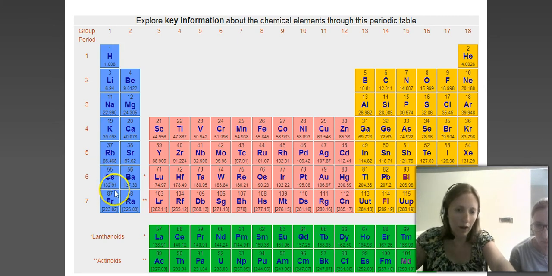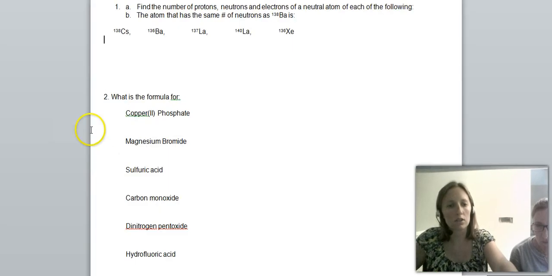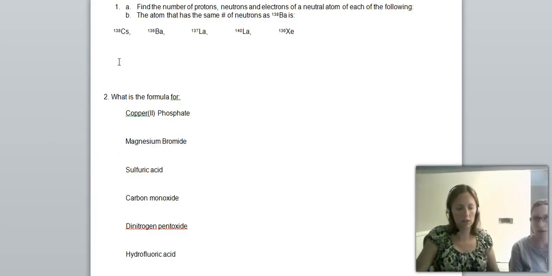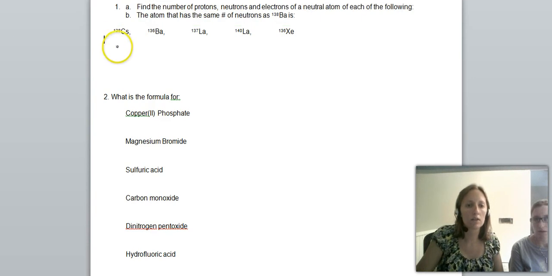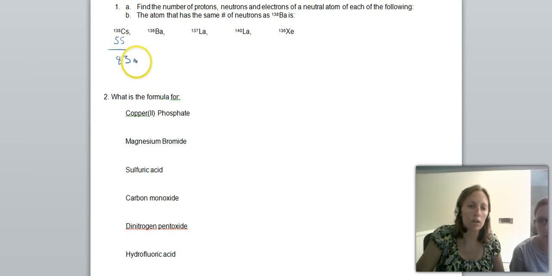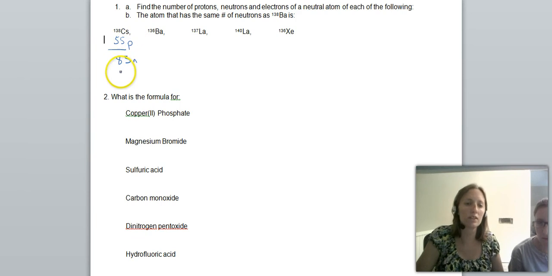So that means it's got 55 protons. In order to find the neutrons, you have to subtract. And so that's 83 neutrons, 55 protons. Because it is neutral, you're going to have the same number of protons as electrons, so that's 55 electrons.